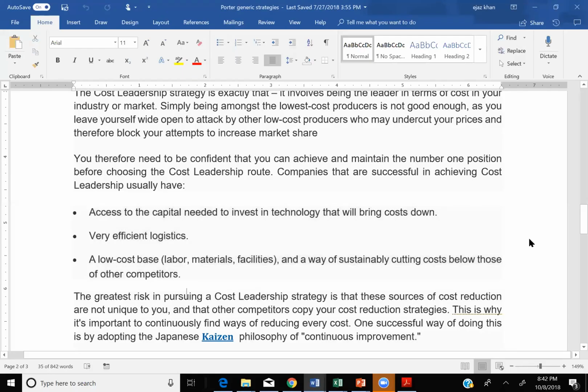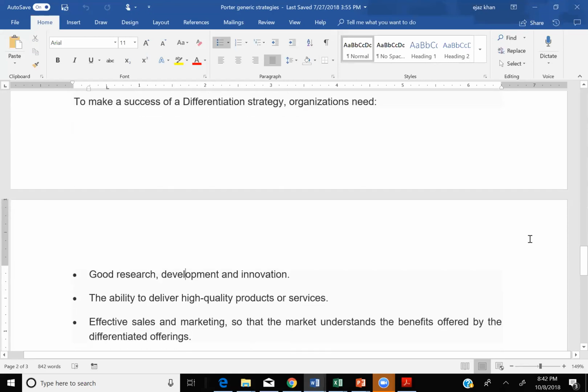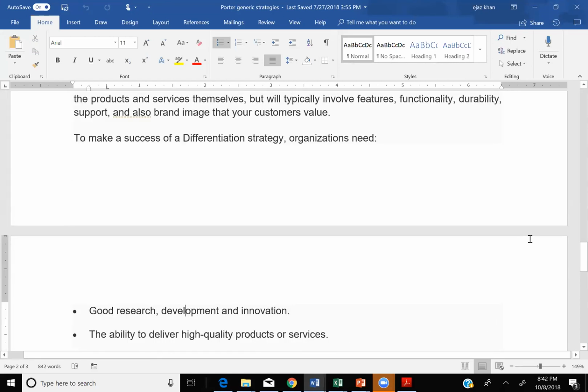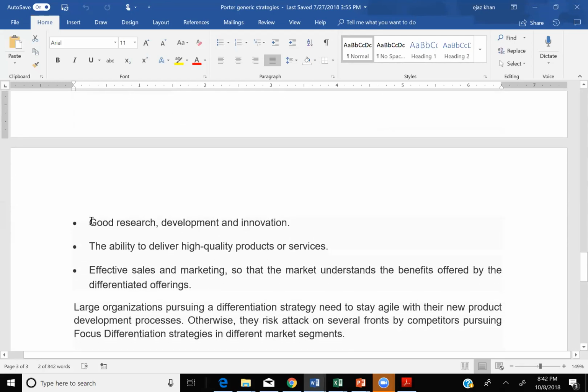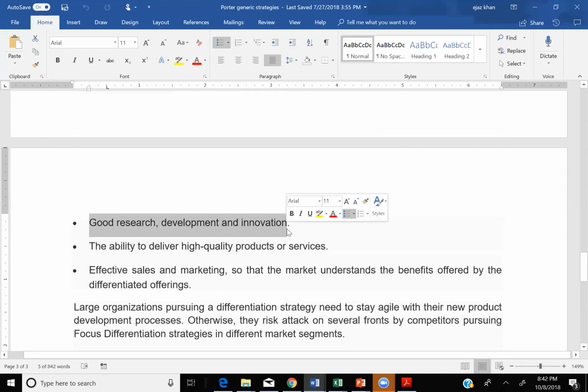Okay, let's move towards the factors that will make the differentiation strategy a successful strategy. Well, the key for this strategy will be research and development.